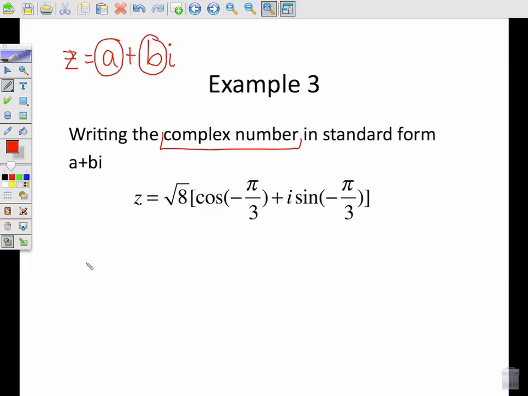All right, what we know is that a is equal to r cosine of theta. Well, here my r is the square root of 8, and cosine of the angle is cosine of negative pi over 3.